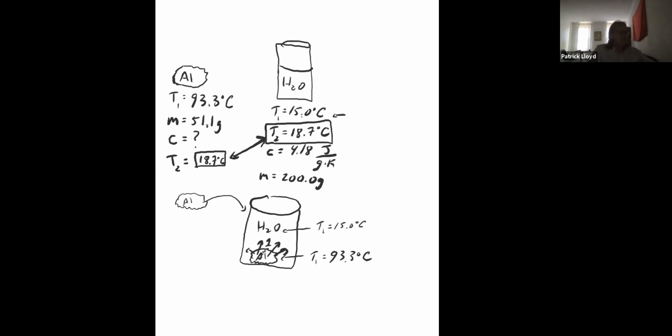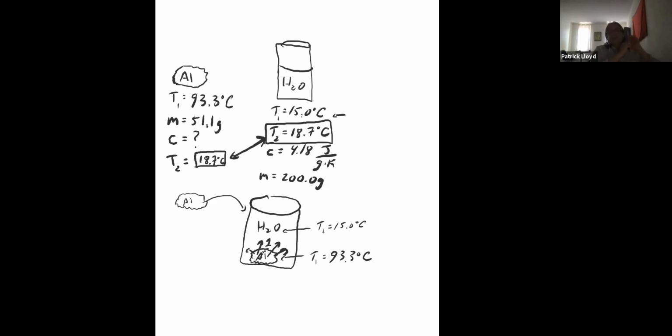That's a big change. The reason for that is twofold. One is there's more water. The more water you put in there, the less it's going to change temperature, right? The same amount of heat will not have that much effect on a lot of water as it would with a little water. The other issue is the specific heat capacity. The specific heat capacity of water is very large, 4.18.